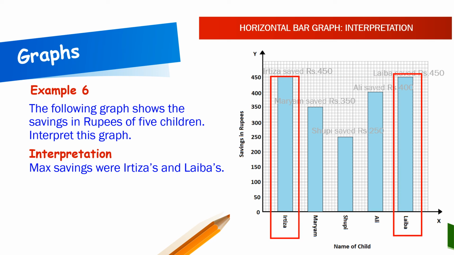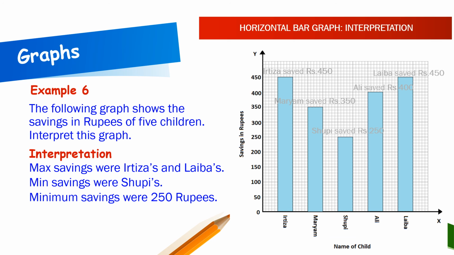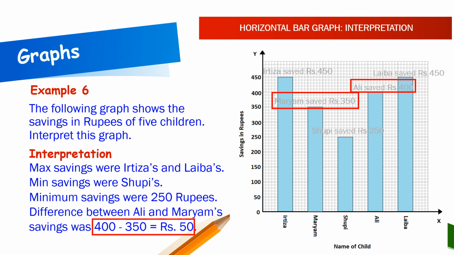The maximum savings were Irtiza's and Laiba's. The minimum savings were Shupi's. And of course these were 250 rupees. The difference between Ali and Maryam's savings was 400 minus 350, which is 50 rupees.